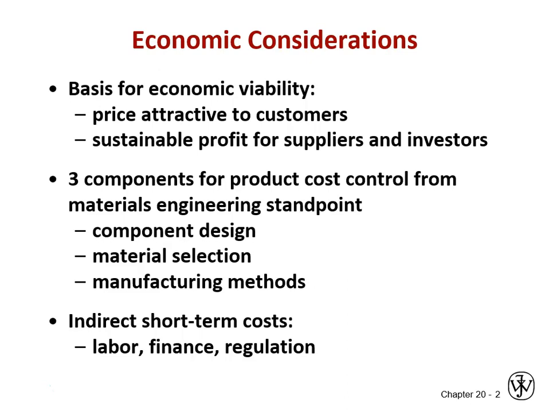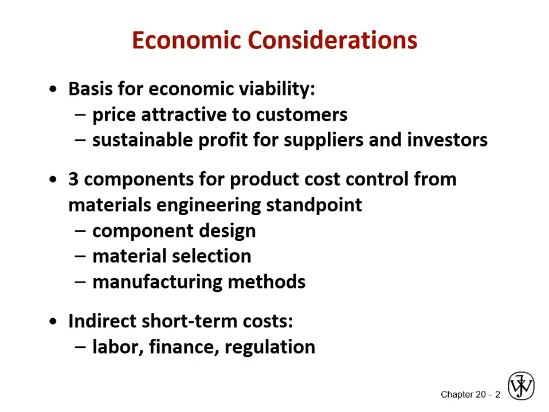We can look at how we design a component, and that is basically the geometry, deployment, all of those kinds of aspects that are independent of materials and manufacturing. Then we have our material selection, which has hopefully been a large part of what you've heard about in this course, and then the manufacturing methods, which basically are a function of component design and material selection.